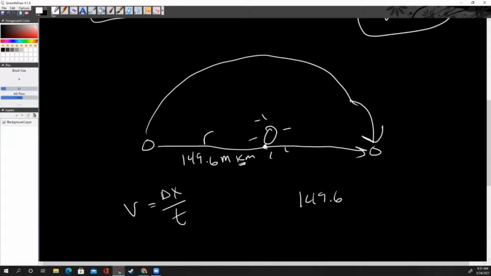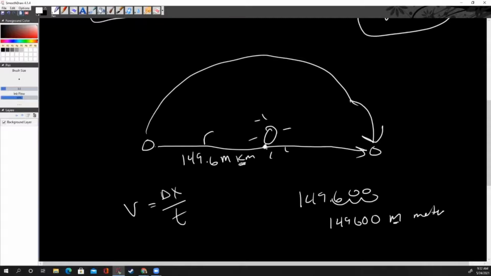So let's get rid of the kilo and make it into thousands. So 1, 2, 3. So 149,600 million meters. So I got rid of the kilo. I just converted it to meters. So it's million meters now. And then let's times this by a million.